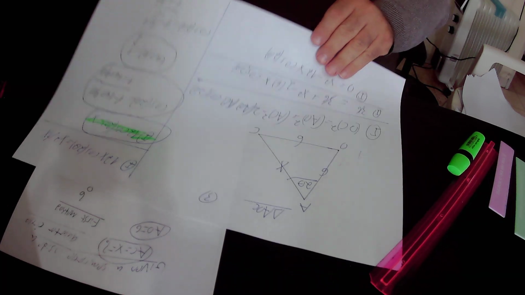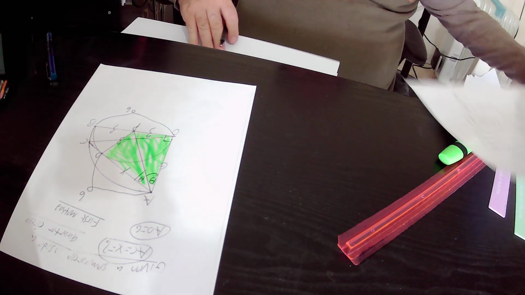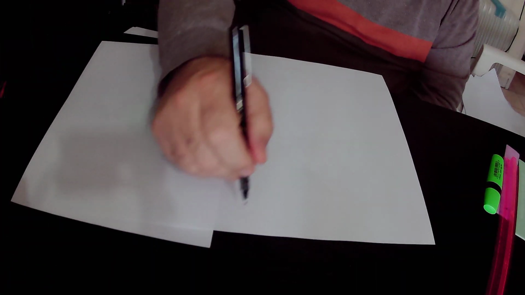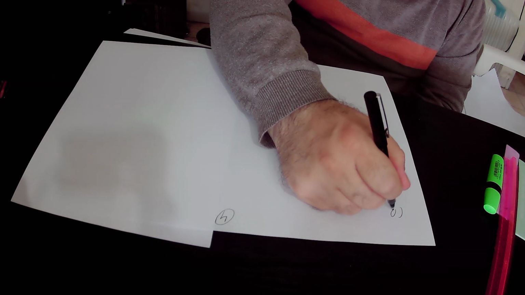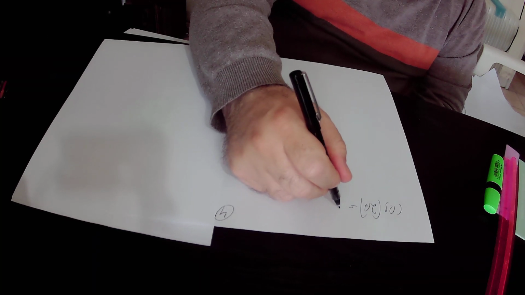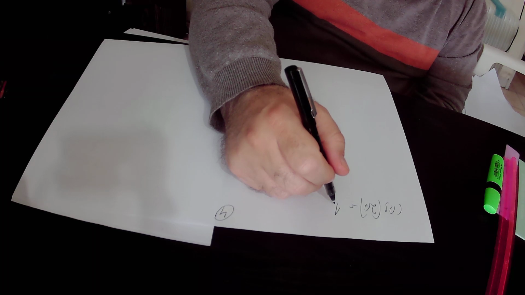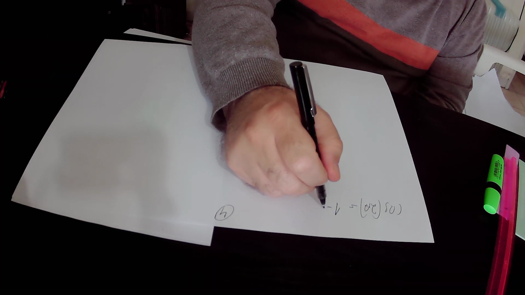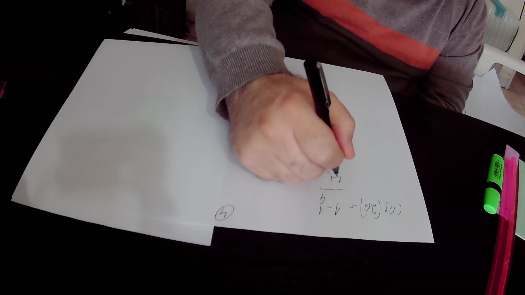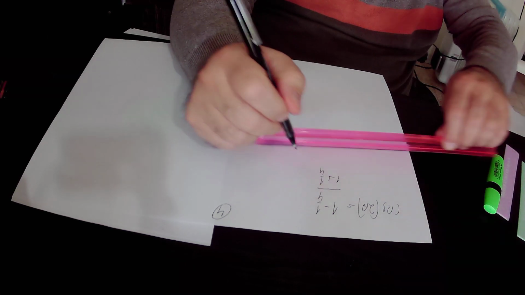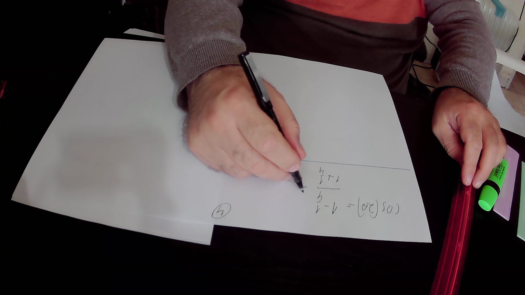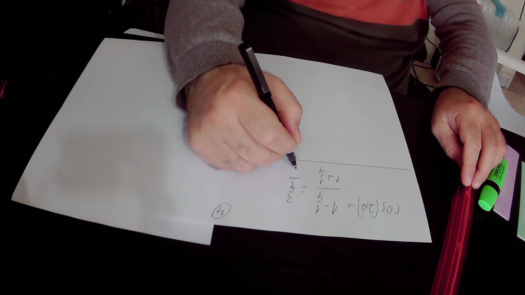So here we found out that cosine 2 theta equals 1 minus 1 half squared, and 1 half squared is 1/4, over 1 plus 1 half squared, that is 1/4. 1 minus 1/4 is 3/4, and 1 plus 1/4 is 5/4.